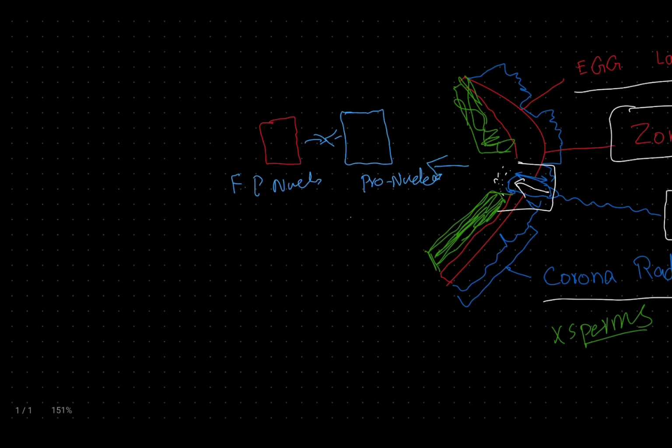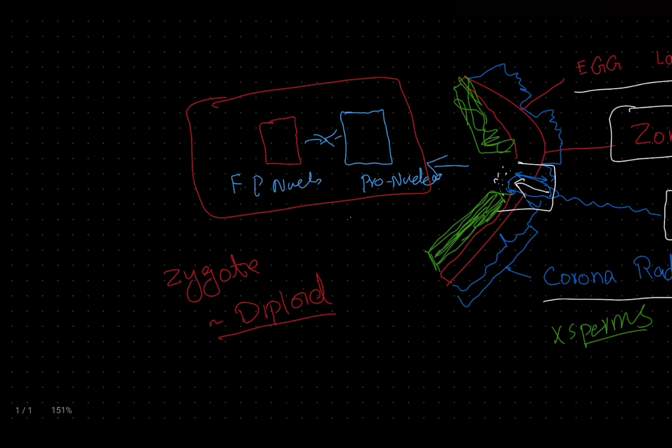At this stage, they exchange genetic information, form a complementary pair, and eventually form the zygote. The zygote is basically diploid.